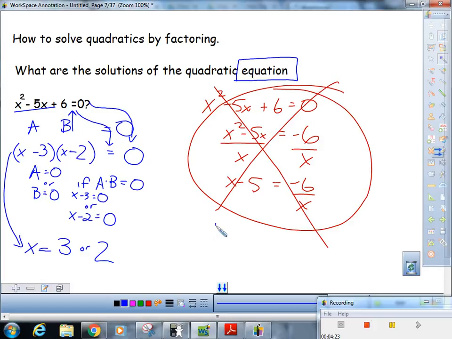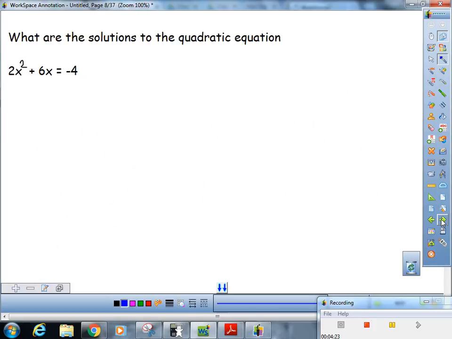Let's do another one because I'm so hyped. Okay, a little tougher now. It looks significantly different. So now we got to come up with a strategy. So step 1, set equal to 0. Okay, so let's add 4 to both sides.